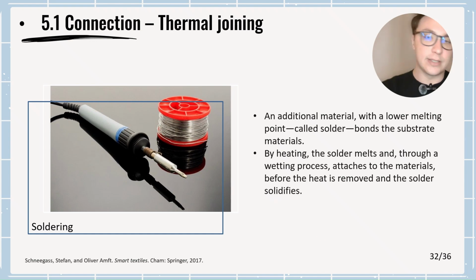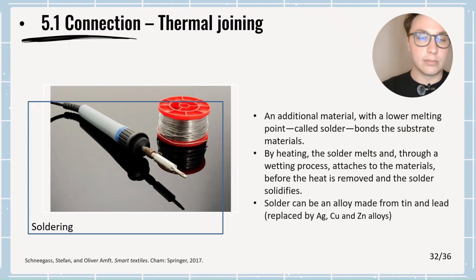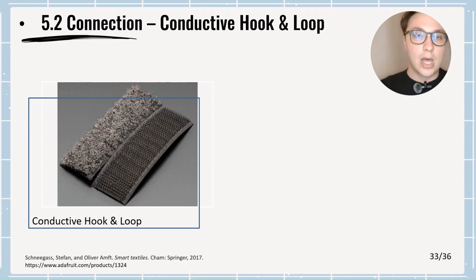By heating, the solder melts, and through a wetting process, it attaches to the PCB, to the contact pads, to the electronics in general we would like to contact. The solder can be an alloy made out of tin or lead, which is basically replaced nowadays by silver, copper, or zinc alloys.